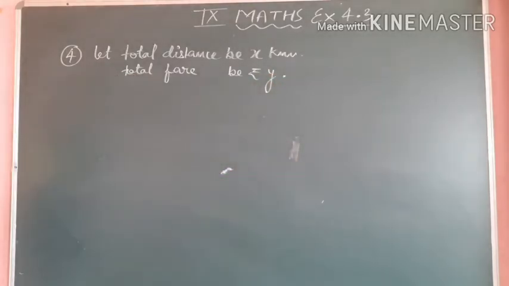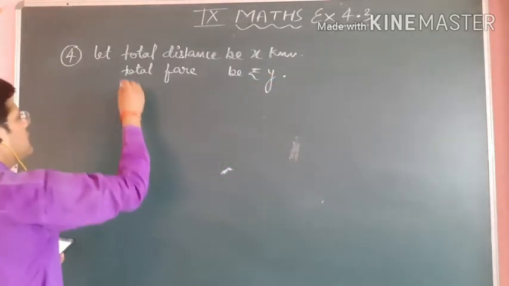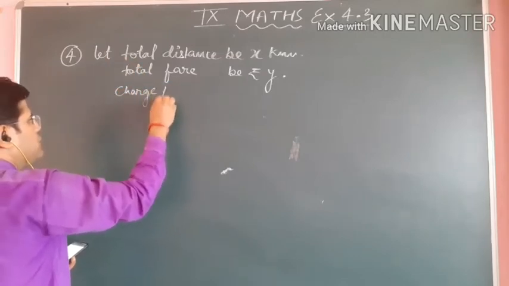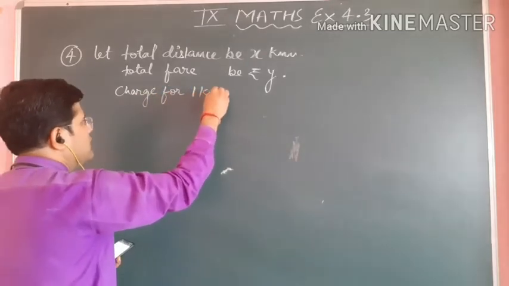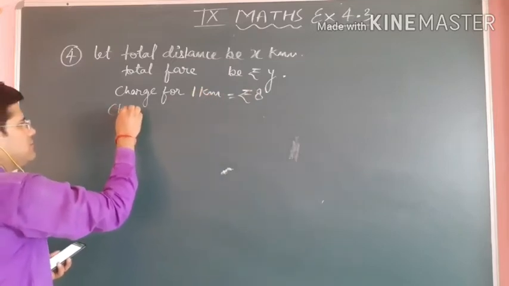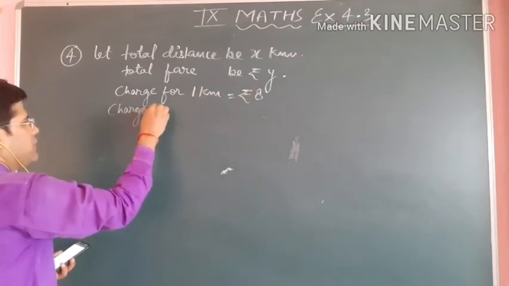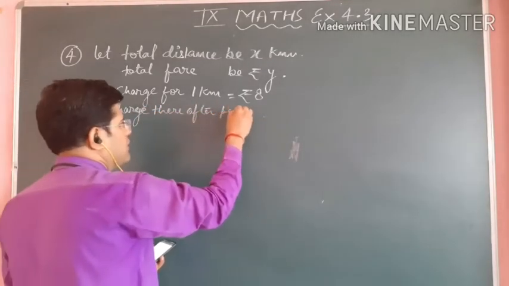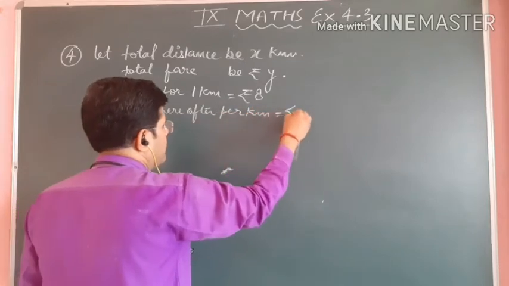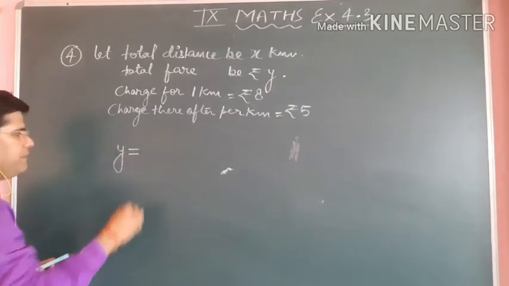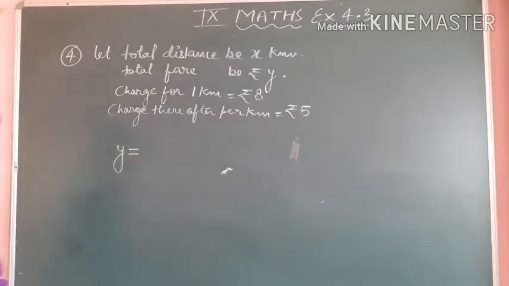Now if we want to write the charges, the charge for the first kilometer is ₹8, and the charge thereafter per kilometer is ₹5. So ₹y depends on the charge of the first kilometer.